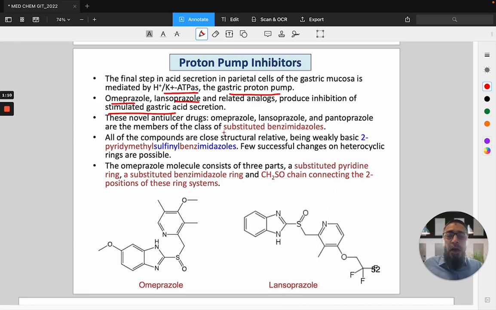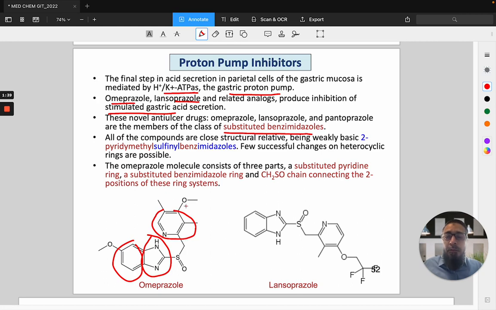Generally these all belong to the class of benzimidazoles. You can see this is the benzo and this is the imidazole. So all compounds are closely structurally related. They contain the pyridyl methyl sulfinyl benzimidazole.